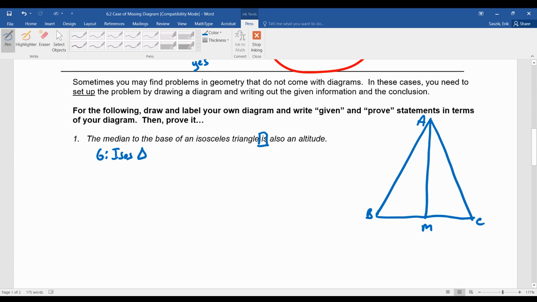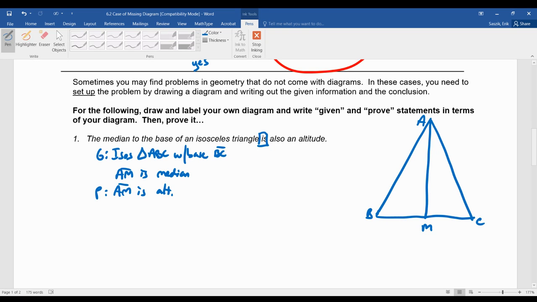Isosceles triangle ABC with base BC. And then I'm also given that I have a median, so AM is the median. So all that's given. And then the prove would be AM is the altitude. Okay. So you're looking for that.